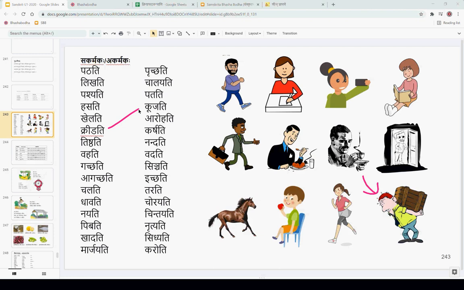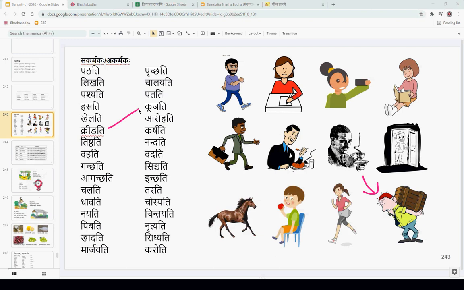So how does it appear in a sentence? Simple example without karma padam, what we have seen so far: Balakah kridati.